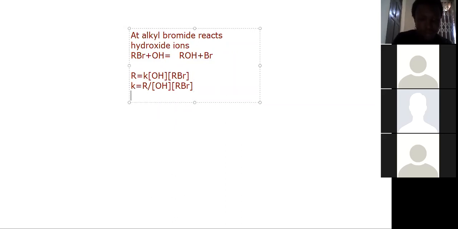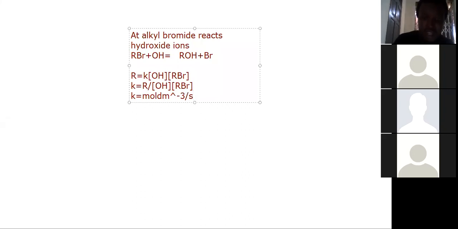Now we want to look for the unit. What is the rate measured in? The rate is measured in mole per dm cube per second, mol dm⁻³ s⁻¹.